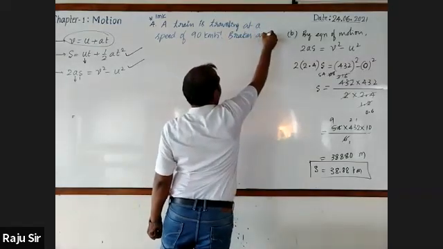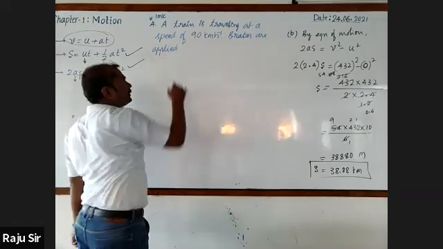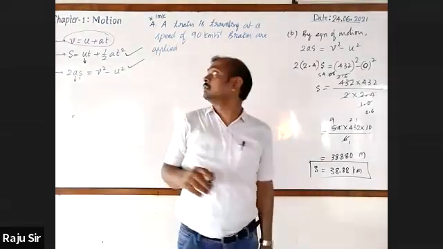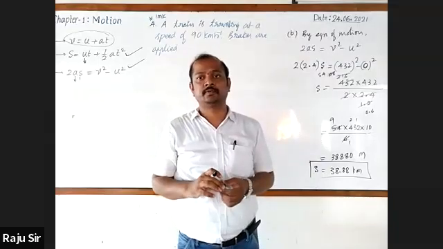Brakes are applied. When brakes are applied, what happens to the speed of the train? It will decrease. Then whether you consider negative acceleration or positive acceleration, it is negative acceleration. That is nothing but deceleration.